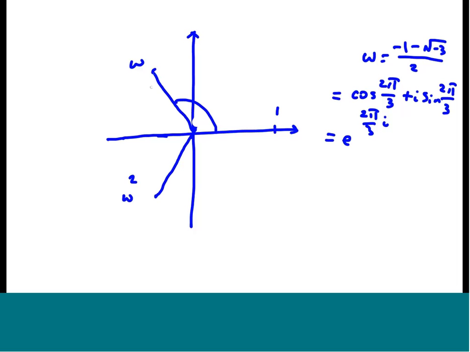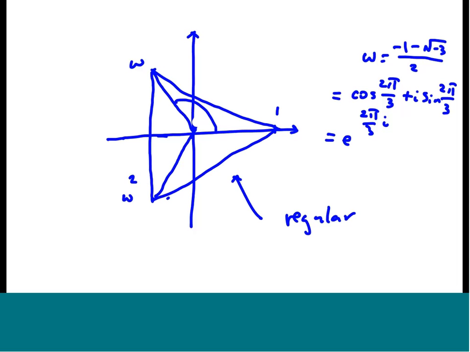So those 3 points are going to be a regular triangle, right?